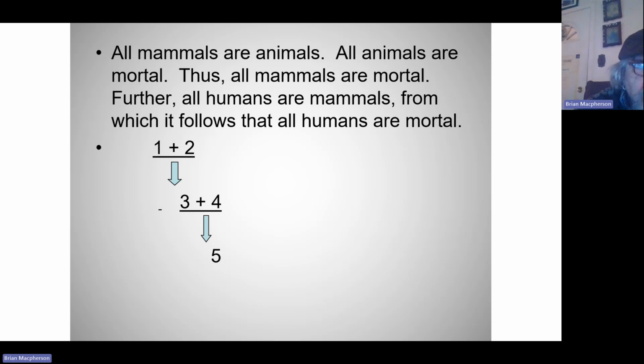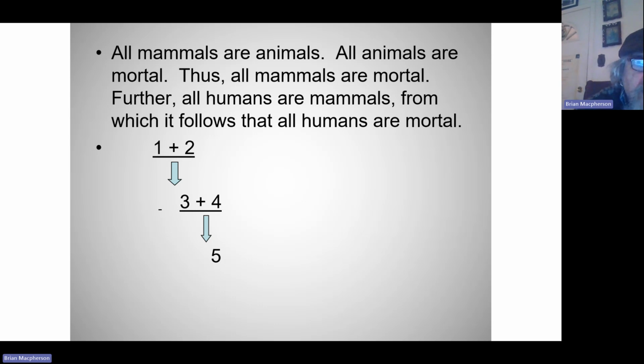So here's the deal then. 1 and 2 together support 3, right? That's a universal syllogism. 3 and 4 together support 5. That's a second universal syllogism. So if you look at this passage, we clearly have more than one argument, right? In fact, altogether, we have 2 arguments. And we identify the number of arguments in an argumentative passage by the number of conclusions it contains.